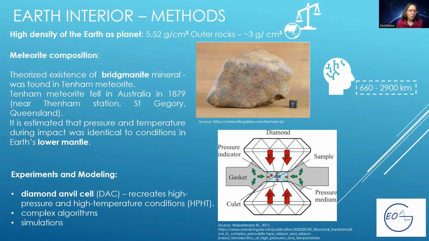Especially the so-called diamond anvil cell recreates high pressure and high temperature conditions, and using complex algorithms, we are able to simulate what is going on there. Remember, we are talking about deep layers, so it's possible to recreate conditions even in the inner core, so below 5,200 kilometers. That's pretty deep, right?